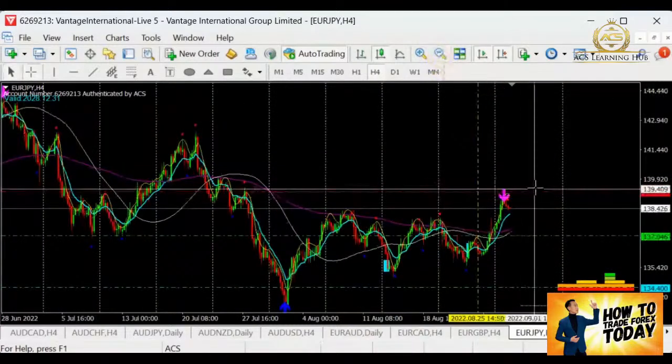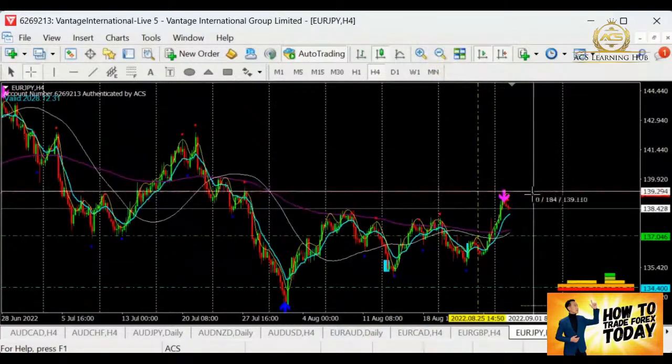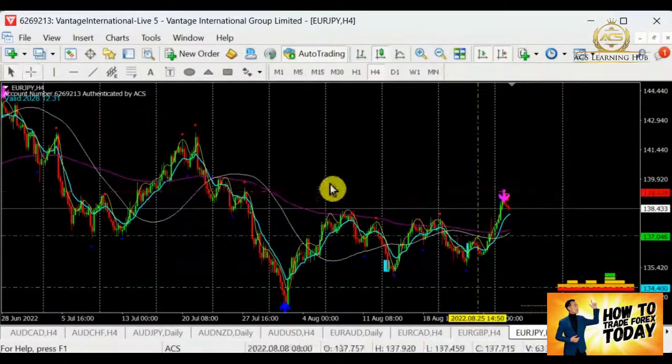We still have a fair bit to test before we can start selling. So tentatively Euro yen, I won't be looking at selling for now. Let's see if in the second half of the day or the next day, perhaps you get a chance to sell.